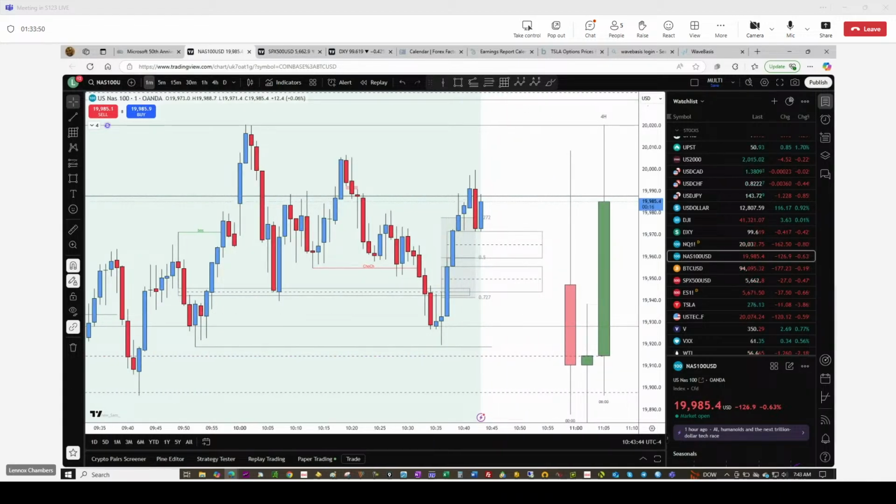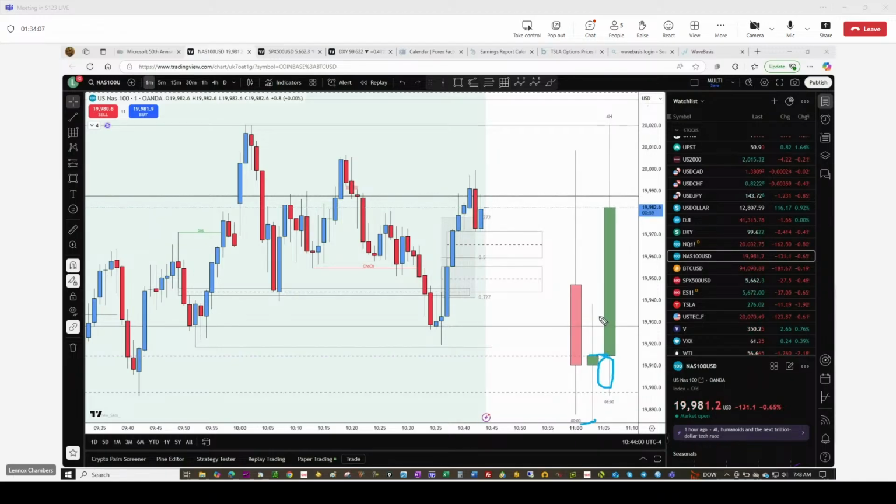I can see my daily, my 4-hour candle. I've got my last 3 4-hour candles here, and the current 4-hour candle opened when we went down. We didn't take out the previous low, but we came up and took out the previous high, and now they took out the previous high. So do we continue pushing up?